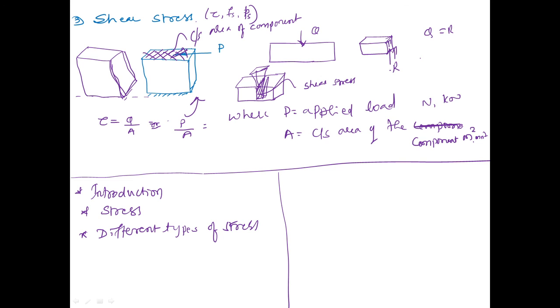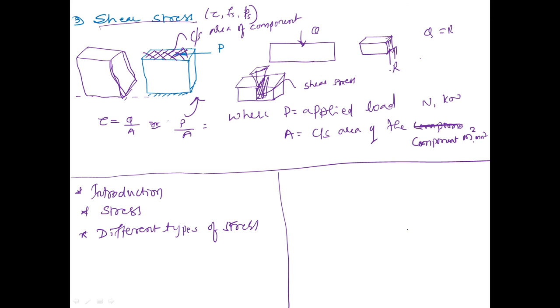Shear means just like making some obliquity or changing its shape. I think you will come to know this is shear stress in the next topic. I hope you have a topic on simple shear stress; we'll discuss it. It is going to create obliquity.